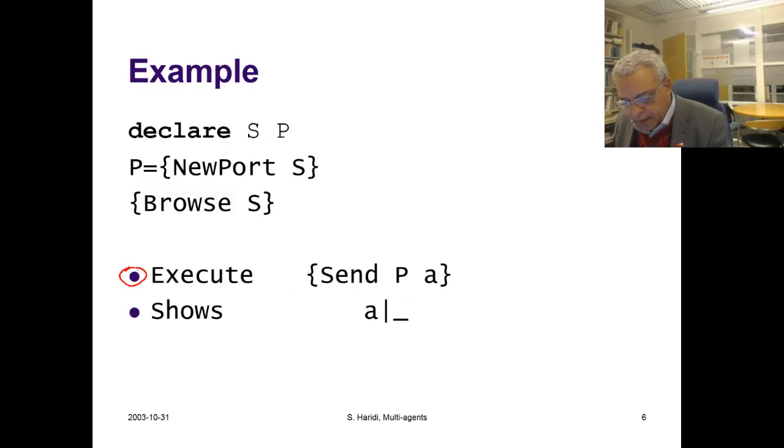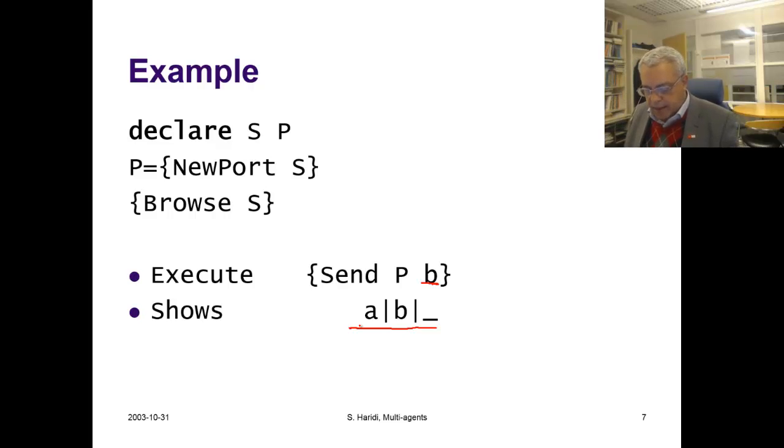Now if we execute Send on this port with the message A, an atom, then S will be changed to a list with the head A and another unbound variable. This unbound variable will be associated with the port, with the name that is provided by the port. If we send a B, you will see that the stream S will be incremented step by step.